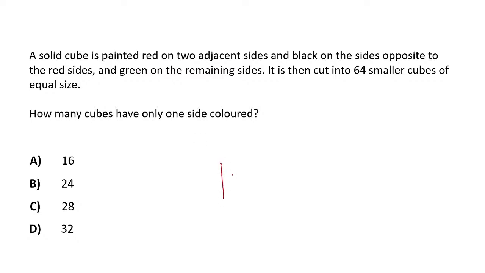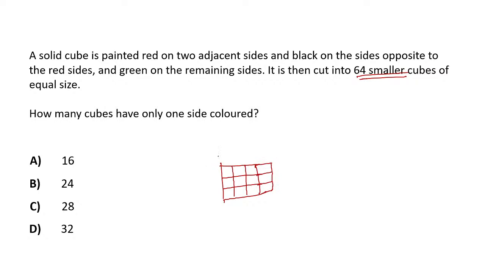So here, this is how the cube will look like, right? No, it will not look like this because here we have 64 smaller cubes, which means it will have 4 divisions.